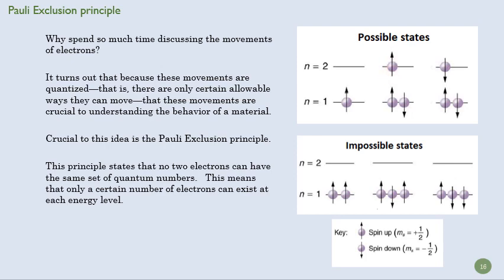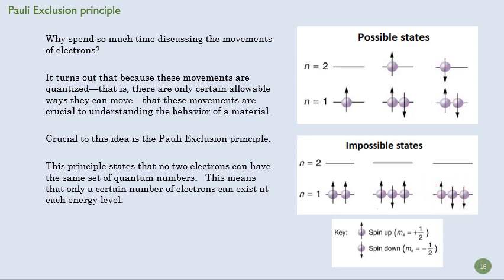So that works okay. But if we tried to get all three of those electrons into the energy level 1, it wouldn't work because in this state we would have two electrons here that have an n of 1 and both have an ms of a half, and that's not allowed.